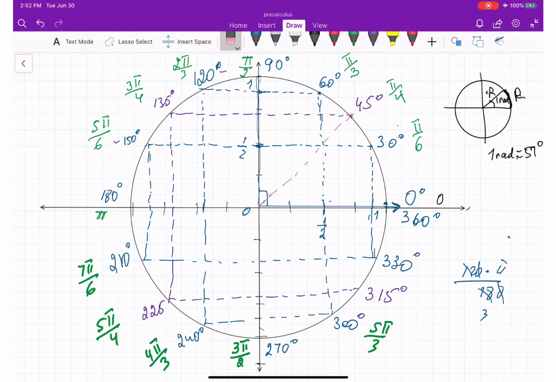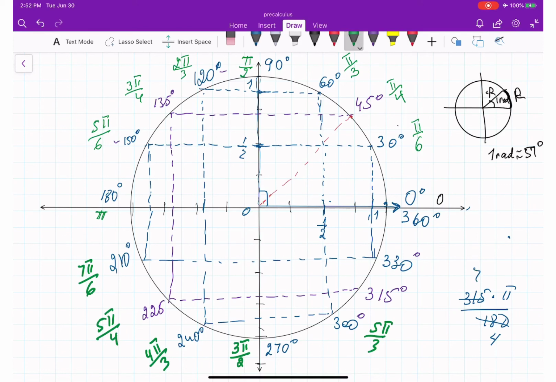So you take the degree. Okay, let's do 315. 315 times pi over 180. Okay, we can divide by how much? I think 45. 180 by 45 is going to be 4, and 315 by 45 is 7 times.